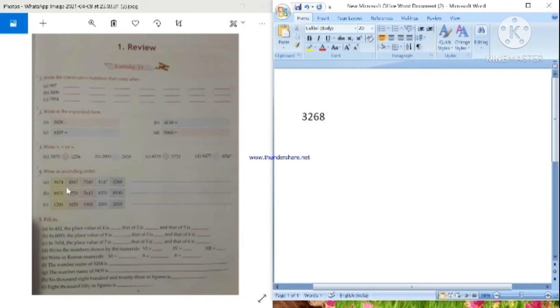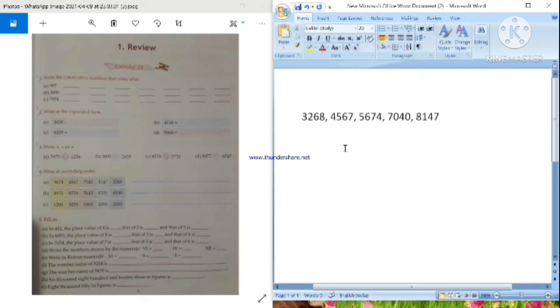So here we will find out that this digit is the smallest in all these numbers, so we will write 4567. Now next we will compare these three numbers, and we get to know that the next one is 5674. And now we will compare these two numbers, in which we get to know that 7040 will come here, and after that the greatest one, 8147, will come here.